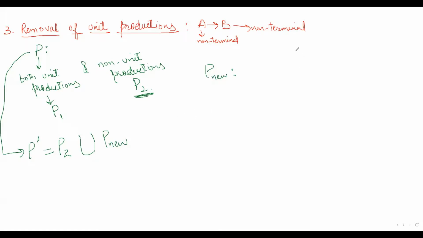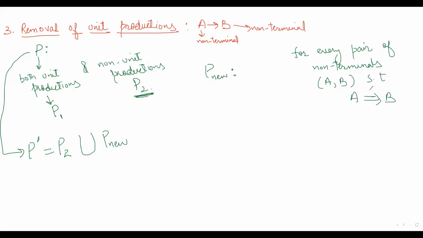Okay. So how will we generate these new productions? For every pair of non-terminals, A comma B, such that A generates B in one or more steps, we have to add a rule to P new.